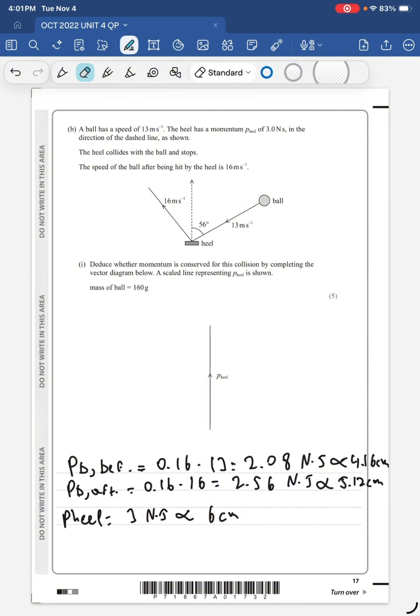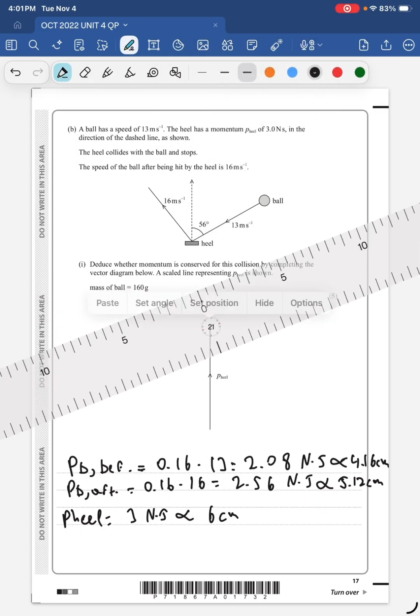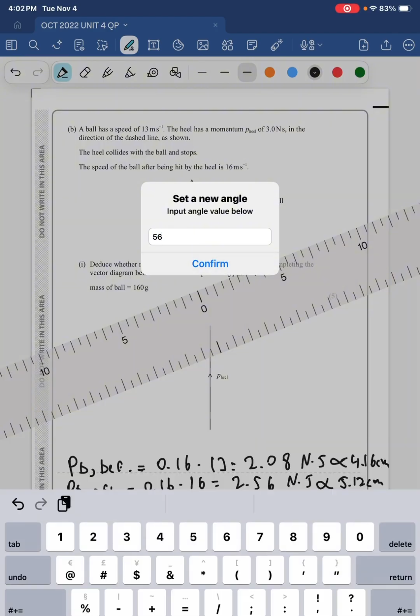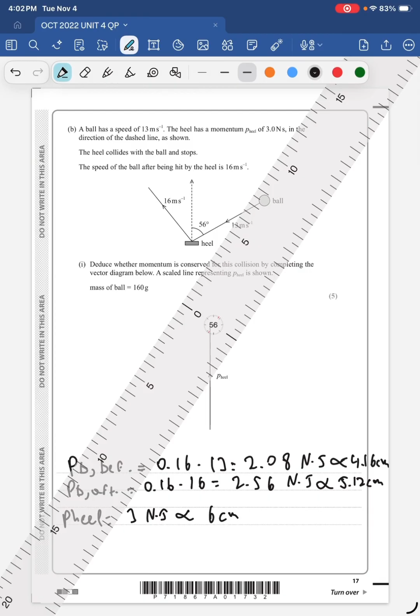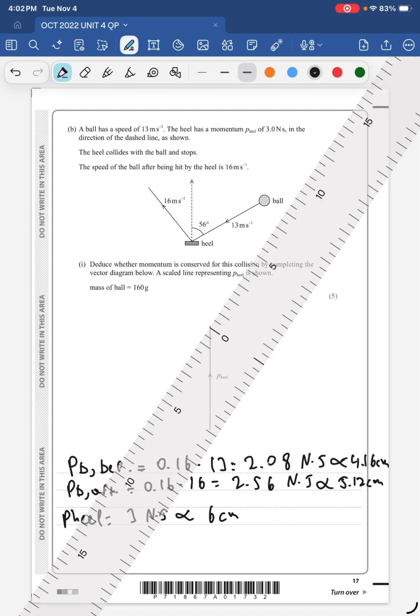Let's bring up the ruler again, see if we can actually do that. You can actually set angle. So let's set it to 56. Confirm. Good. And we also need it to be there.